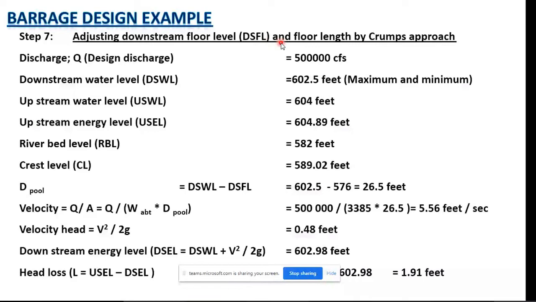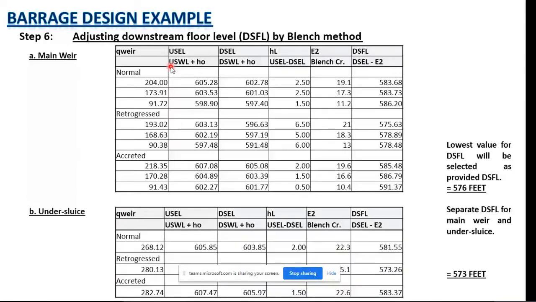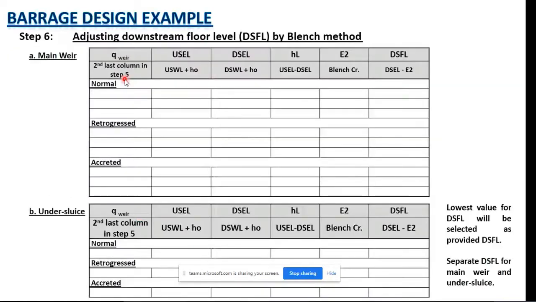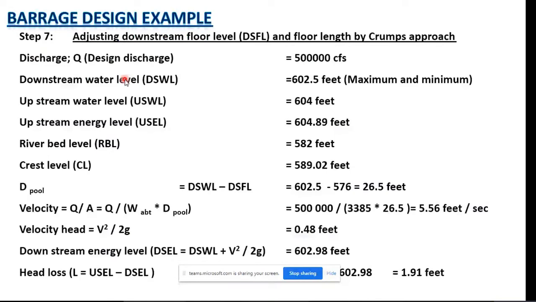For this, again, it can be done for all of the various conditions as done in this table of step 5 for the main weir and the undersluice portion. The solved example in the book does this only for the design discharge and for the maximum and minimum values of downstream water levels.